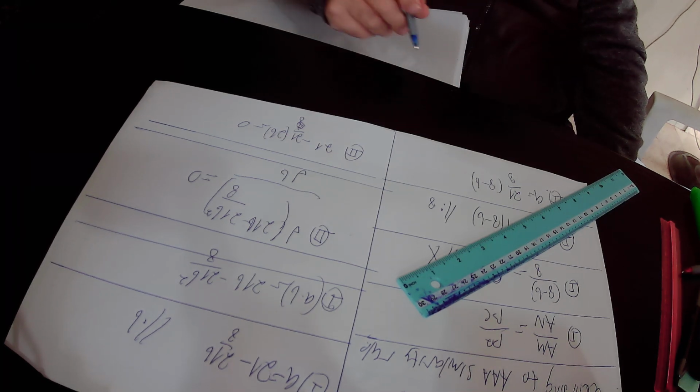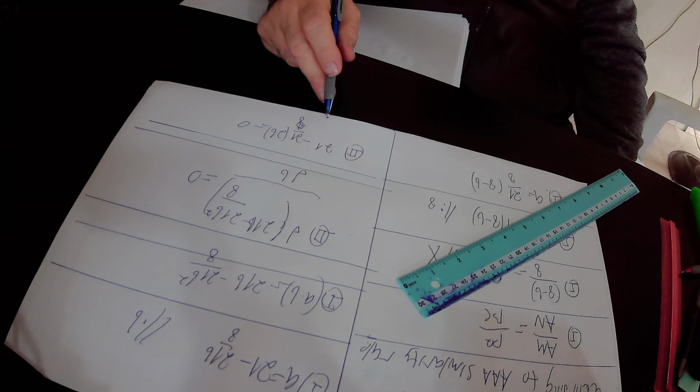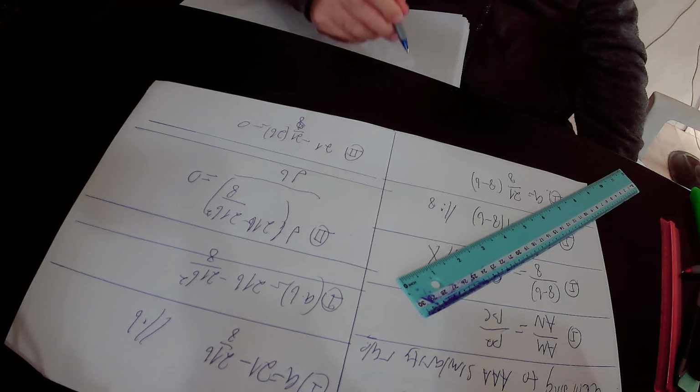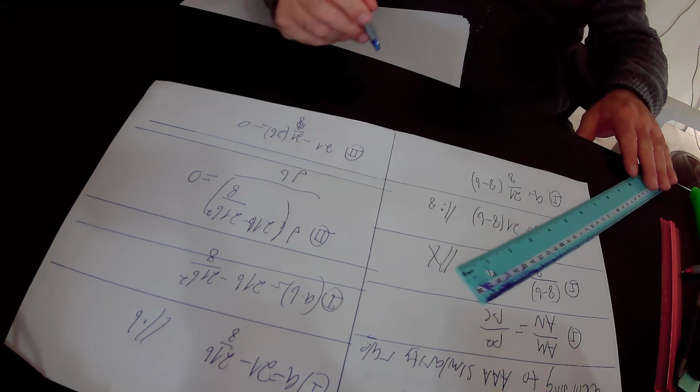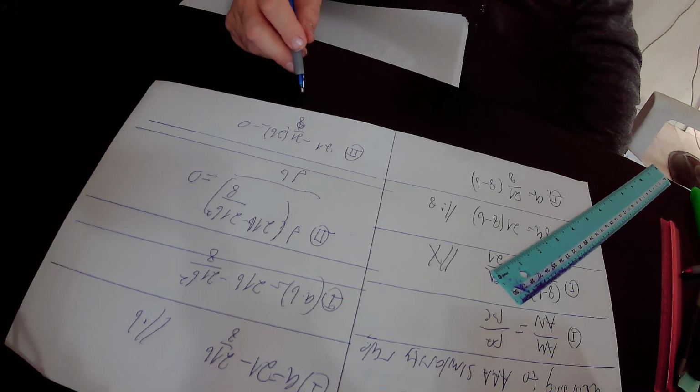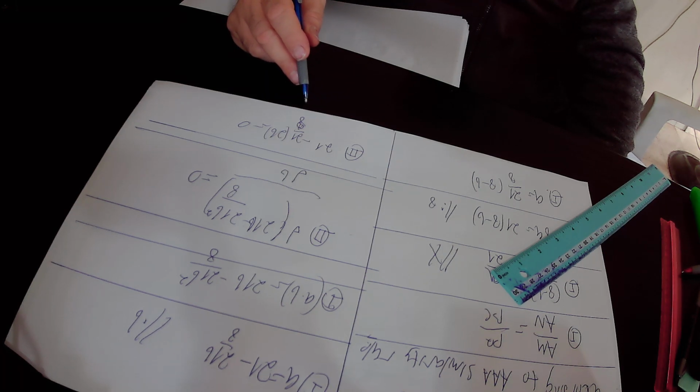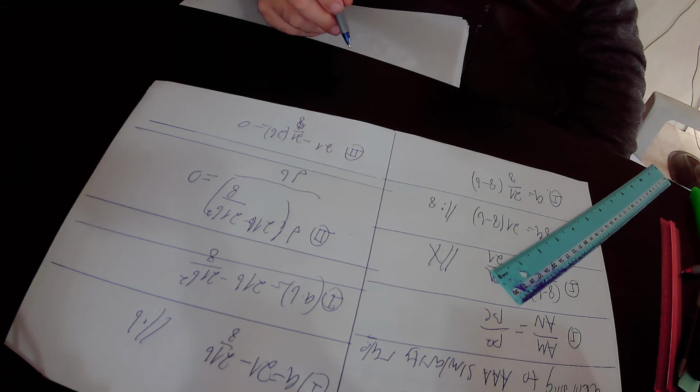What is left from 21 after we took away 21 as a common factor? It is actually 1. And what is left from this expression, minus 21 times 2B over 8, after we took away 21 as a common factor? It is actually minus 2B over 8.